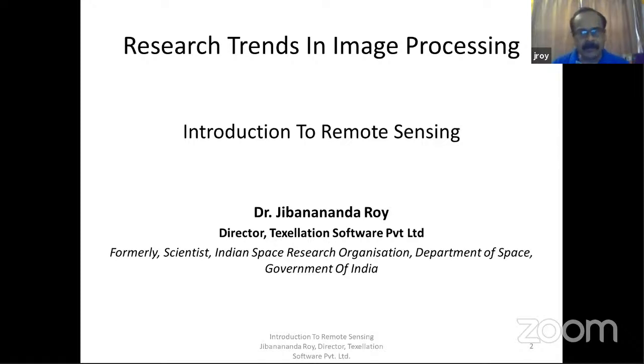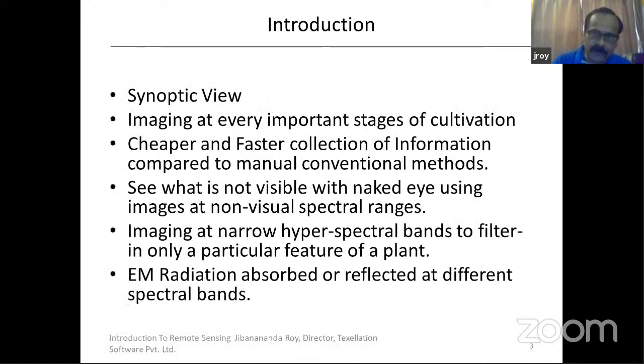In a color camera you have three colors, RGB. But when we go for satellites, the imaging process is totally different, and we have different kinds of problems in satellite-acquired remote sensing images.